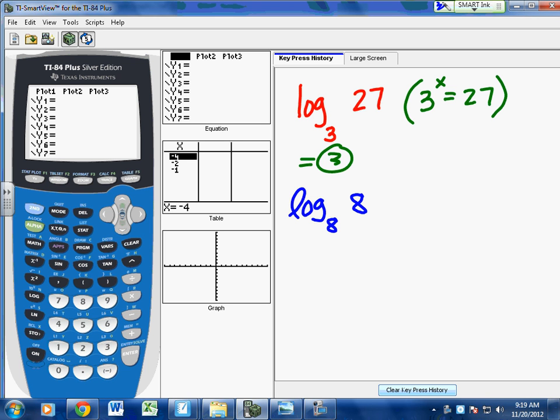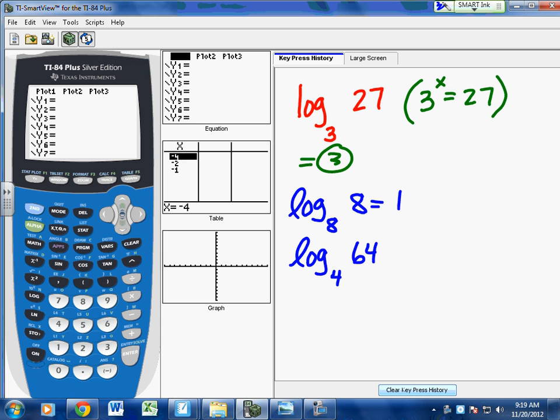What's the log of 8 base 8? 1. I'm going to keep going until you guys get this. What's the log of 64 base 4? So 4 to the 4th is 64? You sure about that?